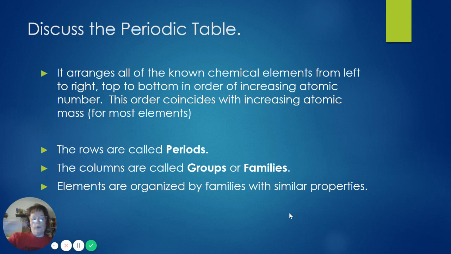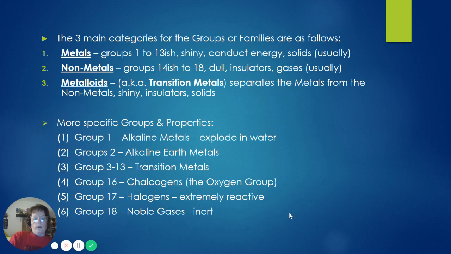The rows going across the periodic table are called periods, and coming down each column, they're called groups or families. And the elements are organized by families that have similar properties. Okay, you have three main categories for the groups or families. The metals, those are groups from 1 to about 13-ish. And of course, metals are shiny, they conduct energy, they're usually solids at room temperature.